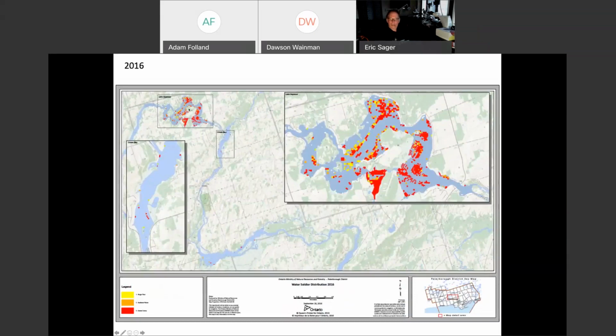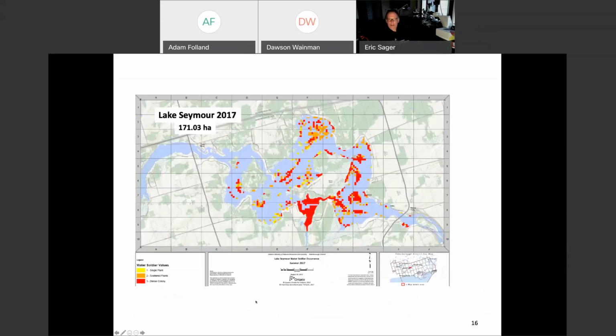And you'll see 2016, we had some efficacy of treatment, and we're starting to see it move slightly farther downstream. 2017, after multiple treatments, hundreds of hectares of treatment, it's reducing.